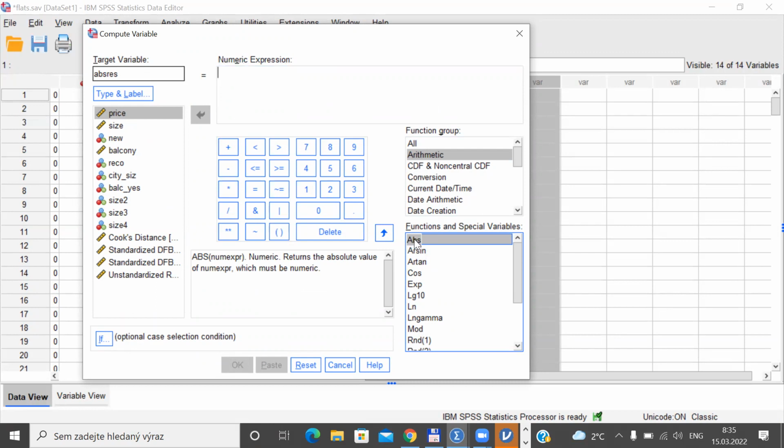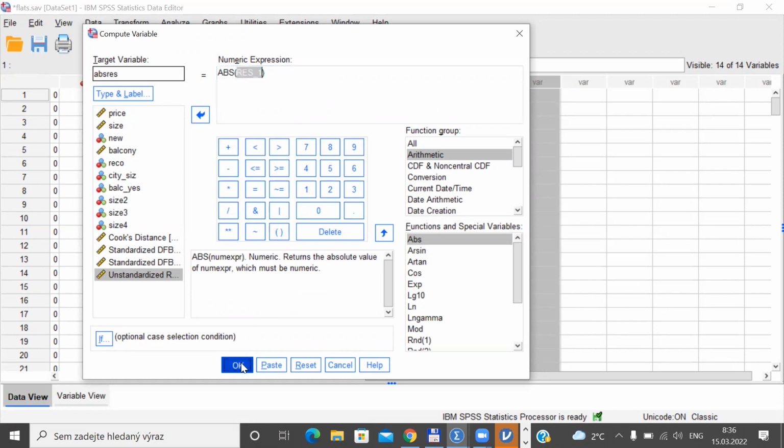So absolute value is usually called ABS. I will take this function up. ABS, and the question tag is asking for which variable you would like to compute the absolute value. This is the unstandardized residual, the last variable in my data matrix. So I will move it to the right window. Currently I'm computing absolute values of residuals. The technical name for this variable is RES_1.